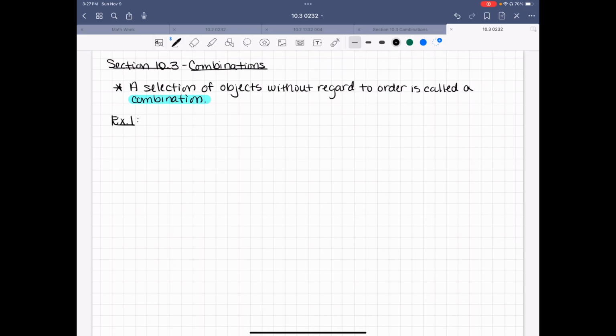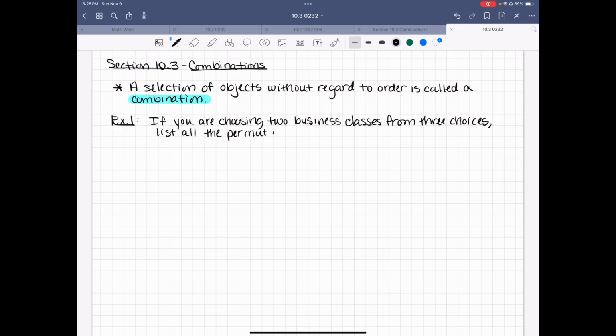Example 1 says if you are choosing two business classes, yes, let me spell that right, I apologize, from three choices, list all the permutations and combinations.